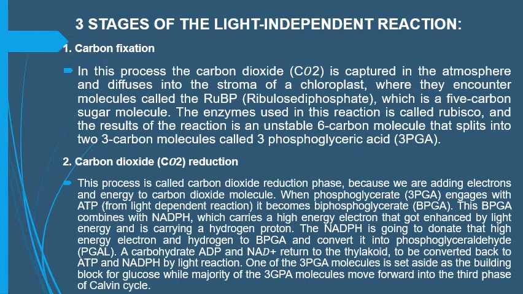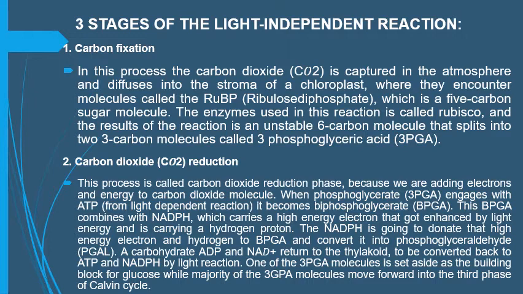Second, carbon dioxide reduction. This process is called the carbon dioxide reduction phase because we are adding electrons and energy to a carbon dioxide molecule. When phosphoglycerate engages with ATP from the light-dependent reaction, it becomes bisphosphoglycerate or BPGA. This BPGA combines with NADPH, which carries a high energy electron that got enhanced by light energy and is carrying a hydrogen proton.